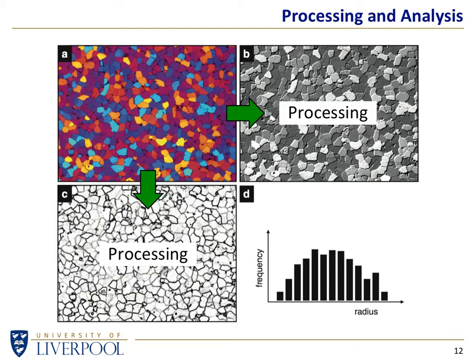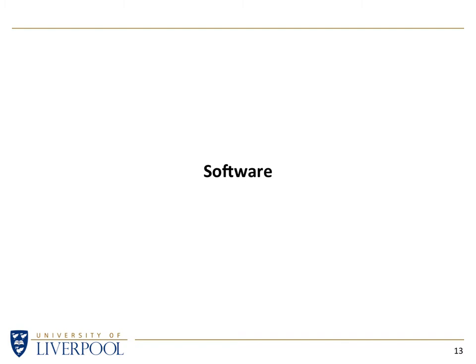Alternatively, or perhaps via one of these routes, we can actually analyze the image to say, well, how many grains do we have of a particular size, a particular radius, if you like, and then we can actually quantify. It is not unusual to do some image processing before we do the image analysis. That's not a requirement, but processing leads to another image, analysis leads to some collection of numbers, depending on what it is we're trying to get out of the sample.